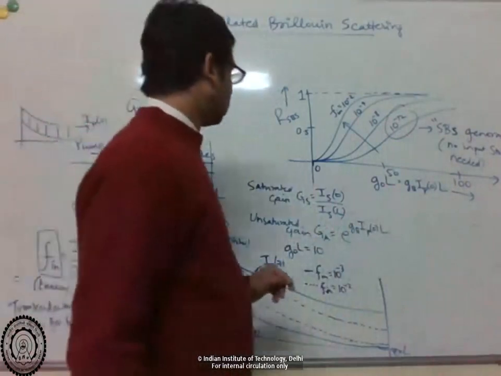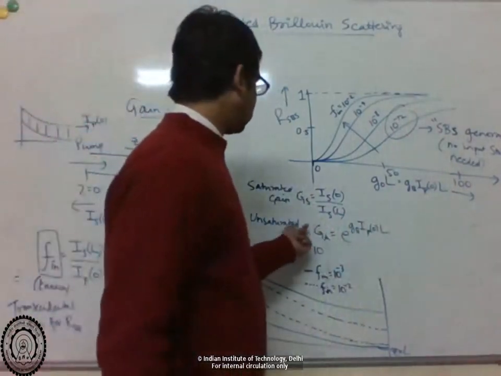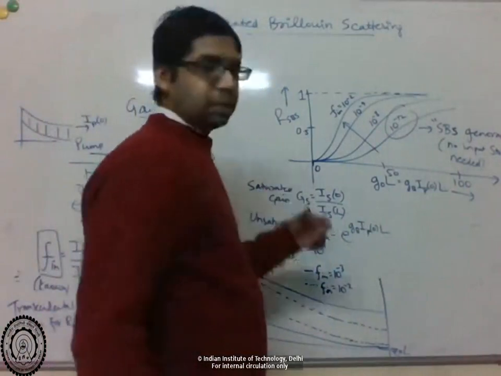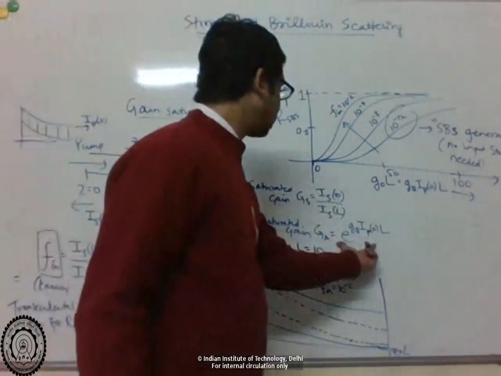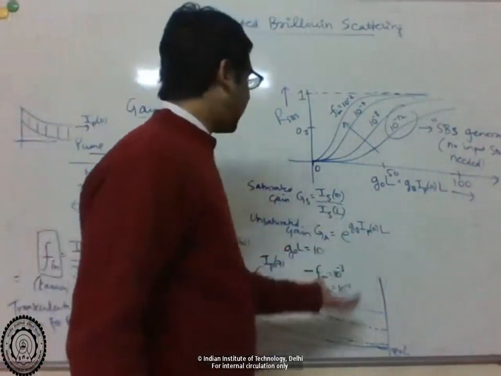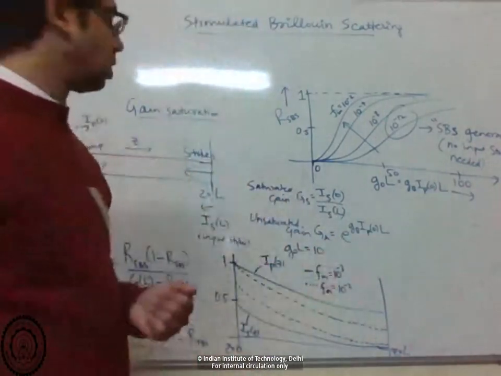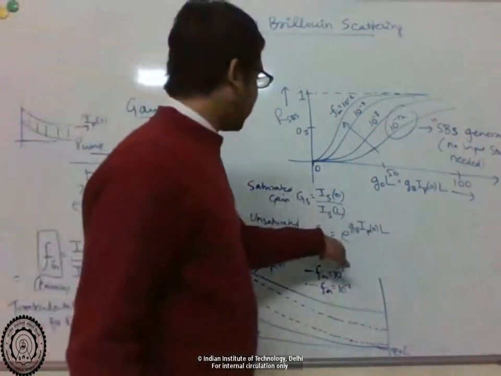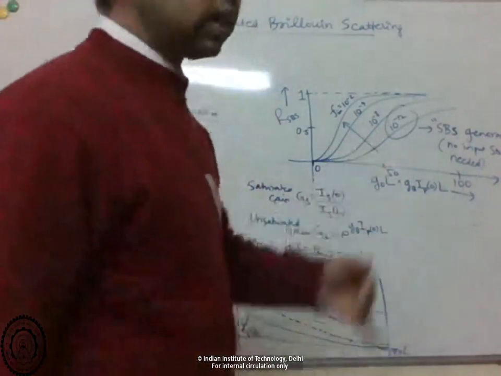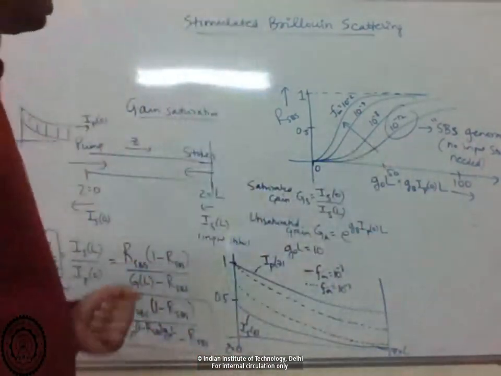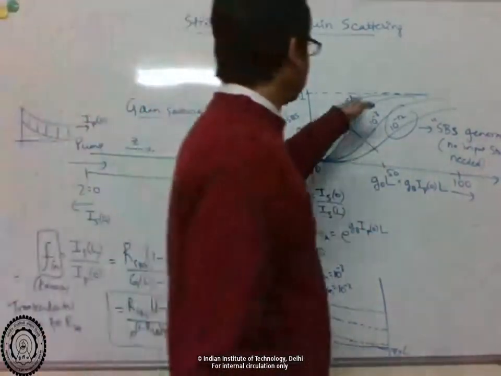So for small gain values, or when the pump depletion, the conversion from pump to Stokes, is small, then the actual gain approaches this. But as the conversion becomes more and more, you start deviating from this unsaturated gain. The actual gain goes down, so you can see this starts saturating.